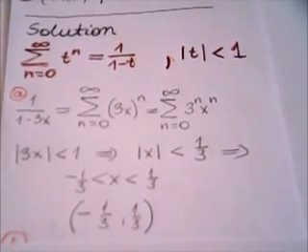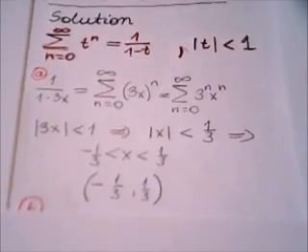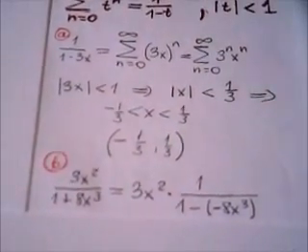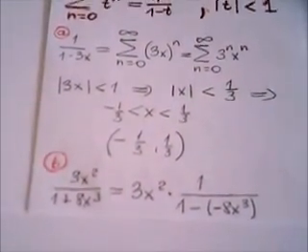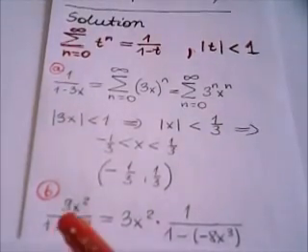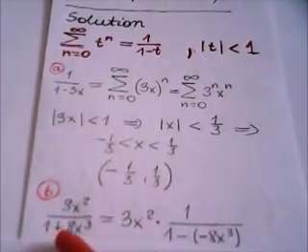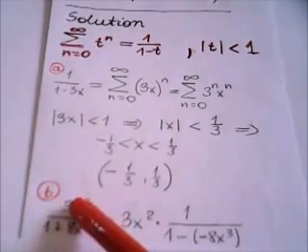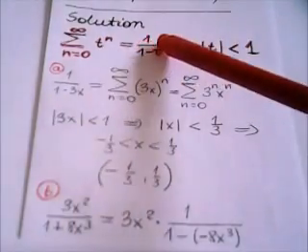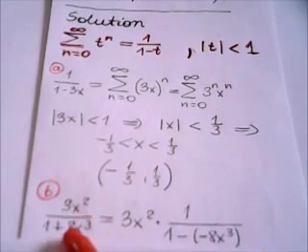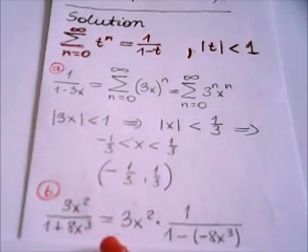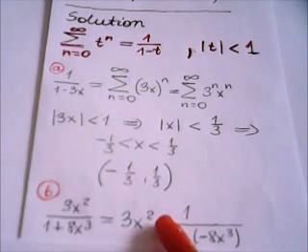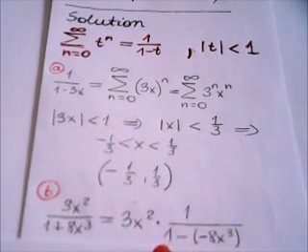Now we have the next example. Three x squared over 1 plus 8x cubed. This form is not similar to this form. We have to convert. Now I write 3x squared times 1 over 1 minus bracket minus 8x cubed bracket.